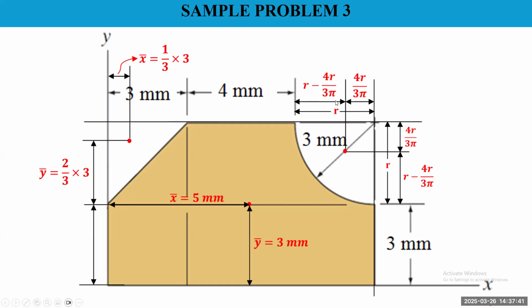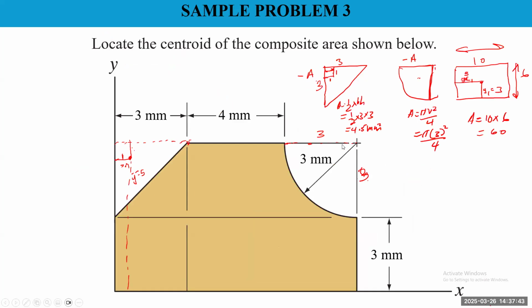So all you have to do is say, okay, for the top up here, which means here and here, you need to find that distance where it brings you to the center. That distance is going to be 4r upon 3 pi. So you work out 4 times the radius. The radius was 3, and this is 3 pi.